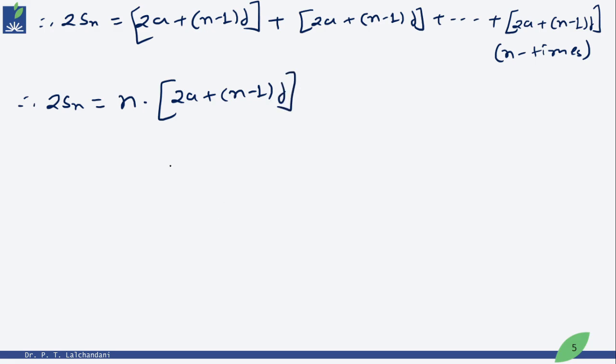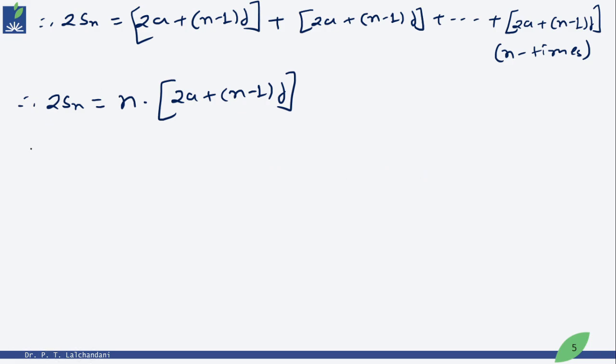Why? Because we know that 1 plus 1 plus 1 plus 1 up to plus 1 n times, this will give you n, right? X plus x plus x plus x n times, you will get n into x. So similarly, 2a plus n minus 1d plus 2a plus n minus 1d plus 2a plus n minus 1d n times, it will give you n times 2a plus n minus 1d.